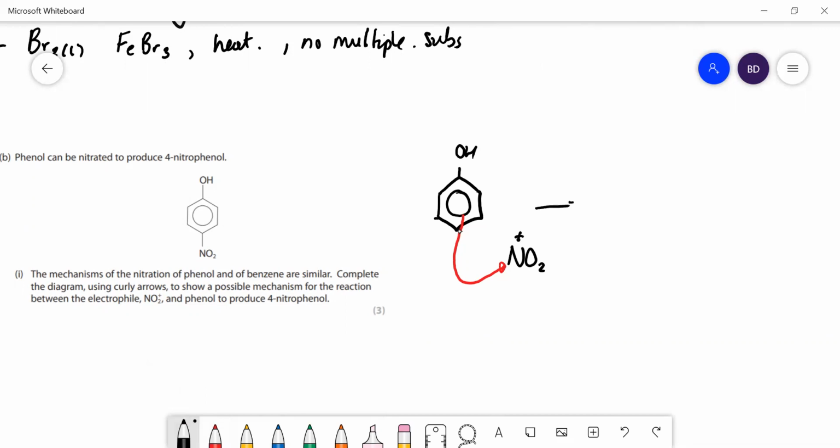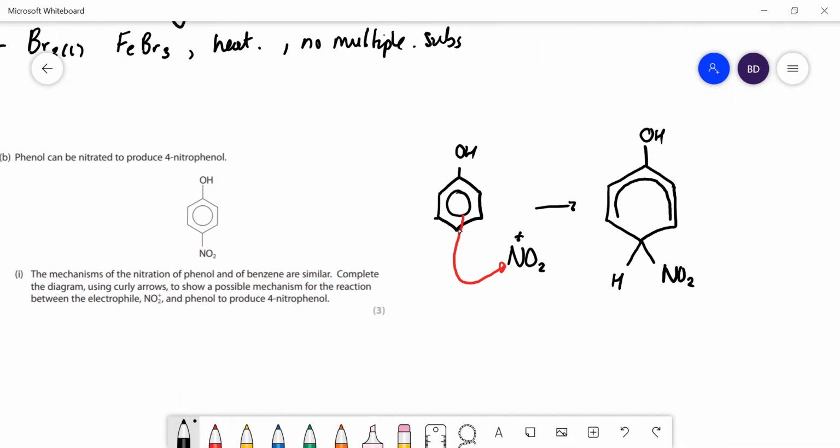So the intermediate is going to be like this. We're going to have OH there. We're going to have the NO2 stuck on there. And to remind ourselves, there's a hydrogen in everything, but there's one there. The delocalized system is broken partly, so we're going to draw that partly broken.